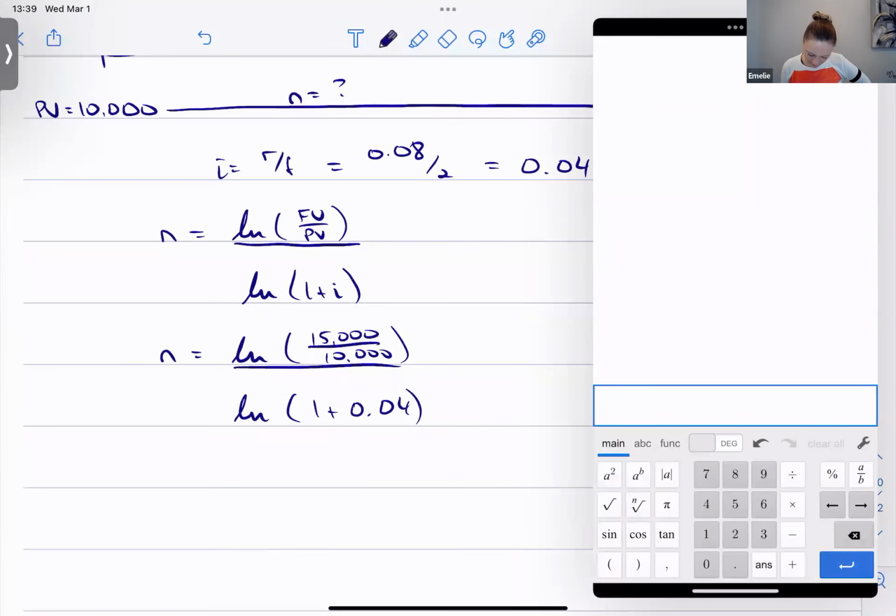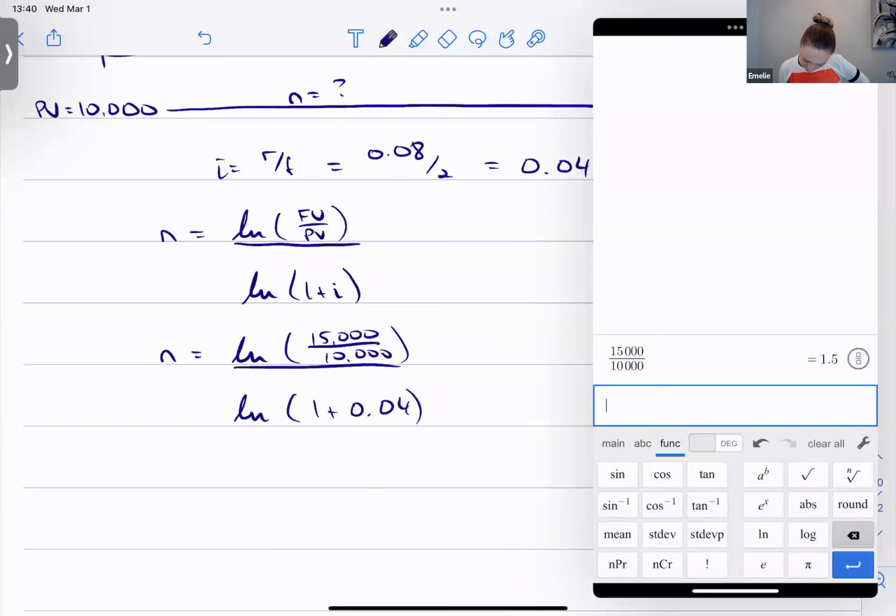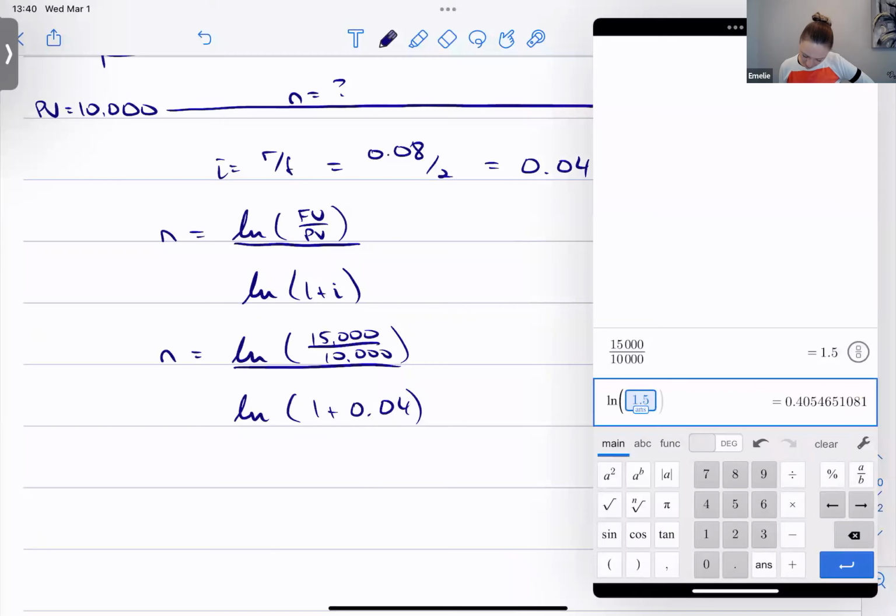First, I'm going to simplify 15,000 divided by 10,000, which is 1.5. Then I'm going to take the natural log of that, which is in the function menu, the log of the previous answer, just to play it safe.